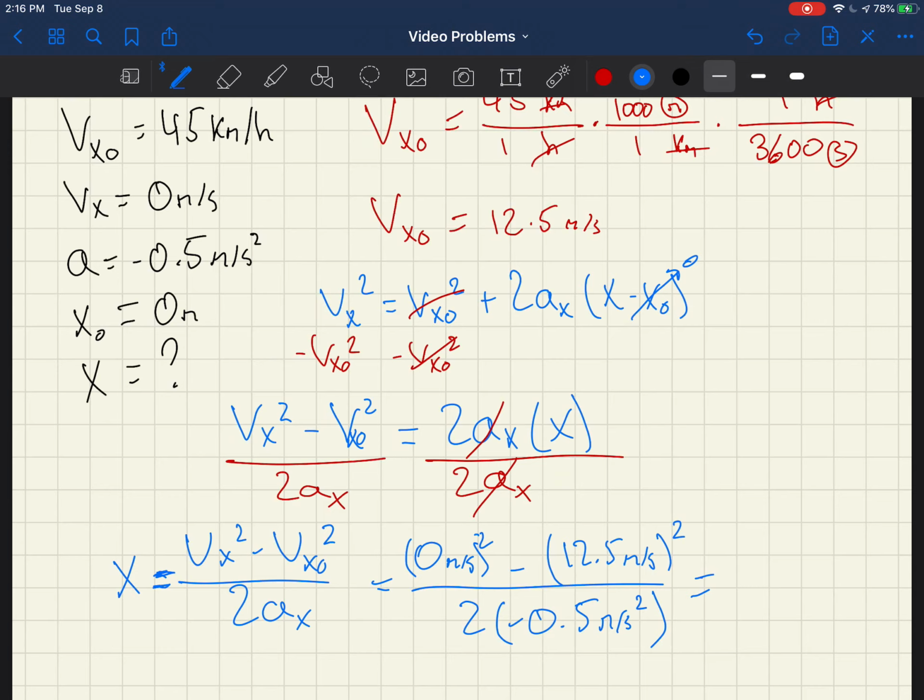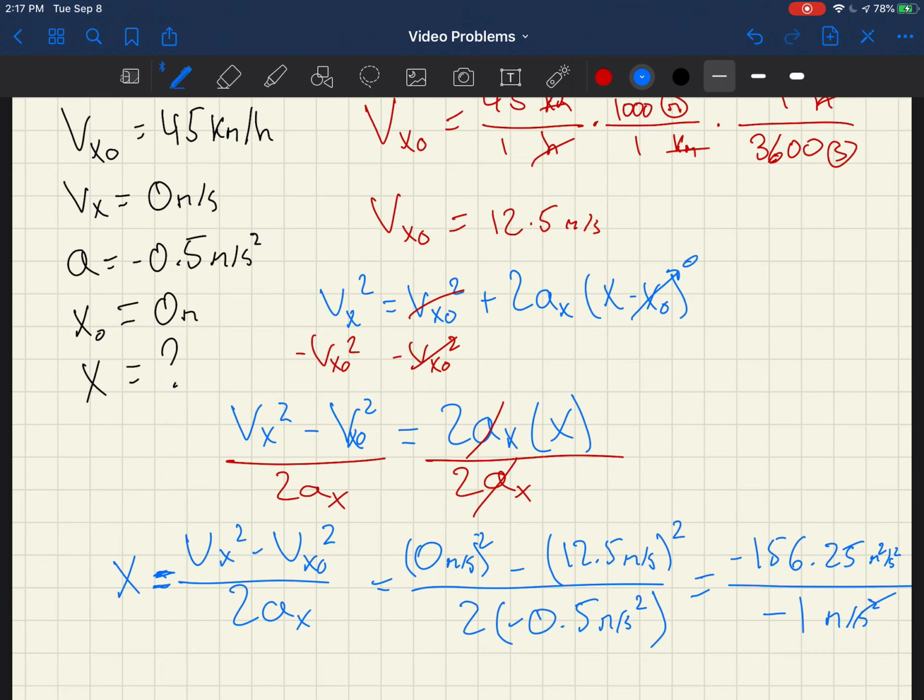So 12.5 squared is 156. We get negative 156.25 meters squared per second squared, because both units are squared, divided by 2 times negative 0.5, which is just negative 1 meters per second squared.